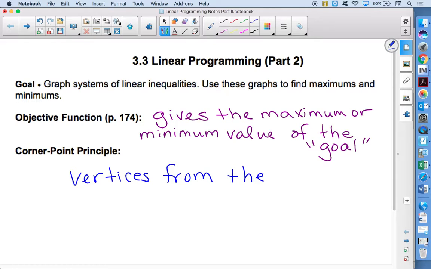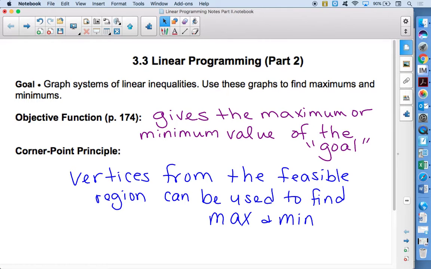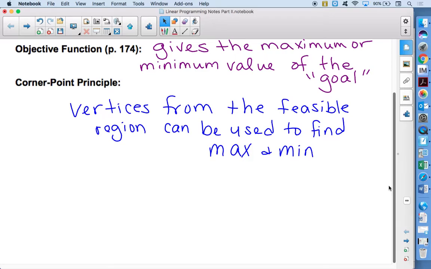So vertices from the feasible region can be used to find or calculate the max and min. So the maximum or minimum value of the objective function will only come from the corner points.